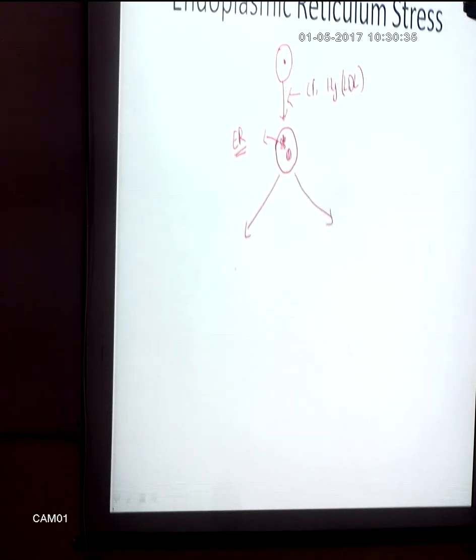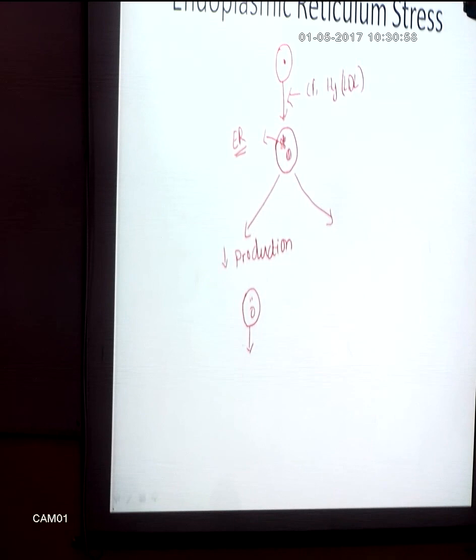So what my endoplasmic reticulum will do is, there are two things. One, there is an accumulation of abnormal protein. So what should be my body's response initially is, it should decrease the production of protein. When the production is decreased, the number of abnormal proteins is going to decrease.